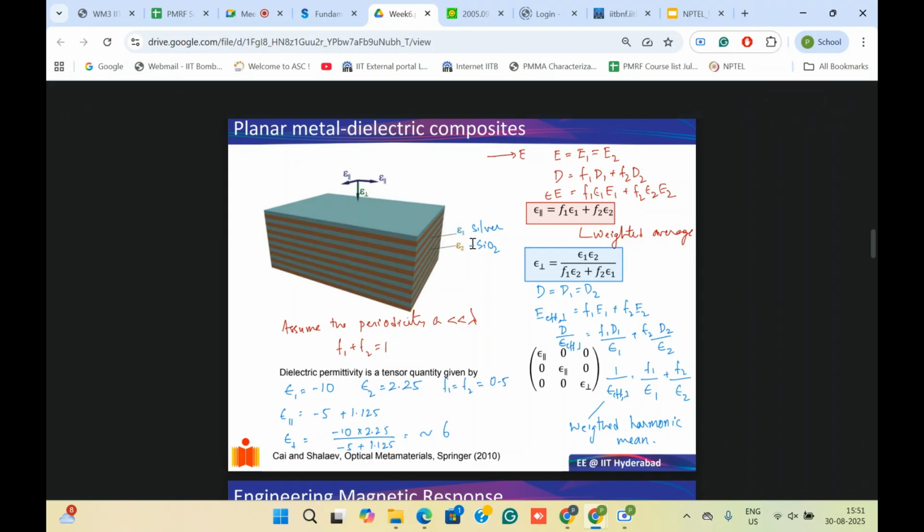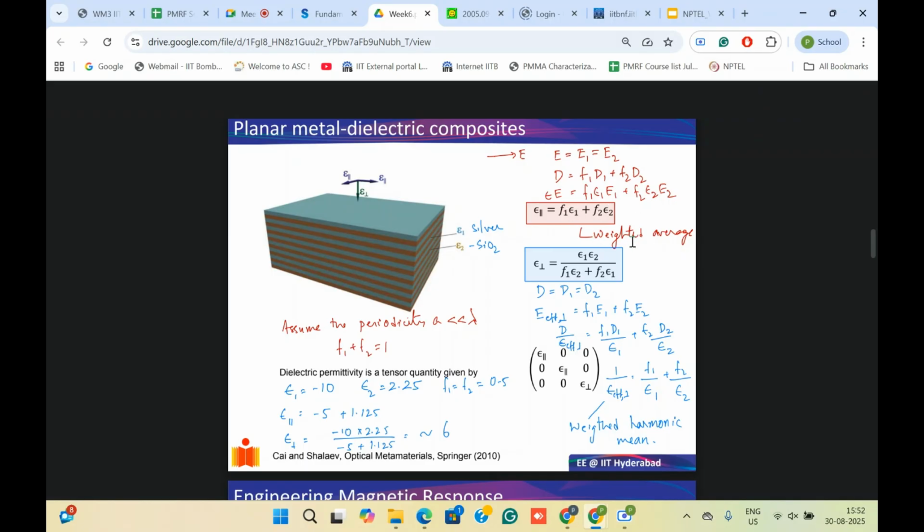The tangential, or parallel, component of the electric field will be equal for both materials, so E equals E1 equals E2. But when we define the displacement field, D equals f1 D1 plus f2 D2. So D equals epsilon E, so epsilon E equals f1 epsilon 1 E1 plus f2 epsilon 2 E2.